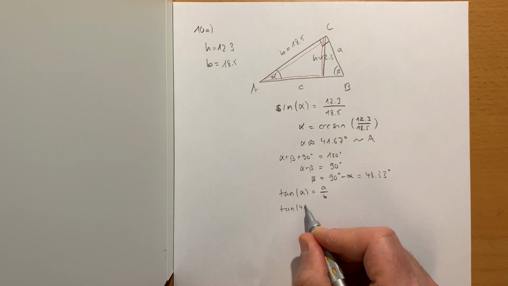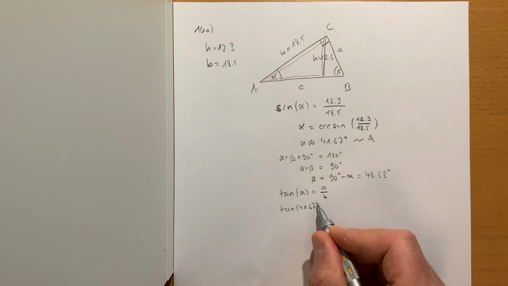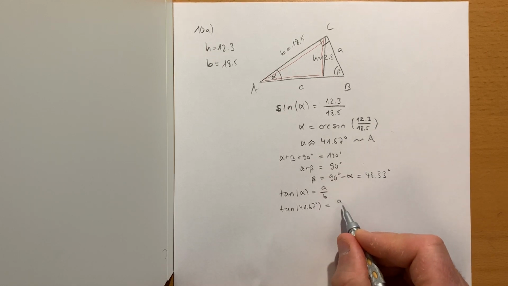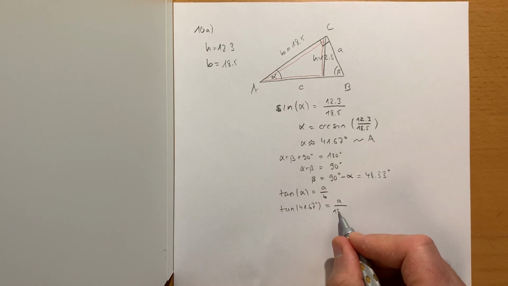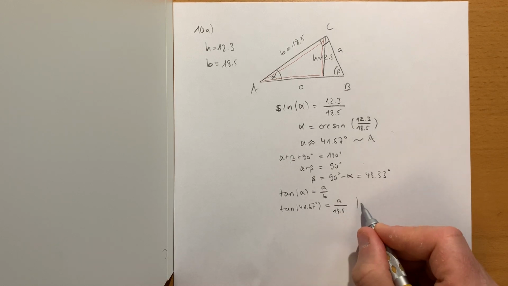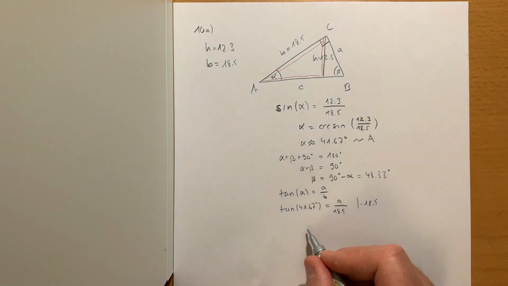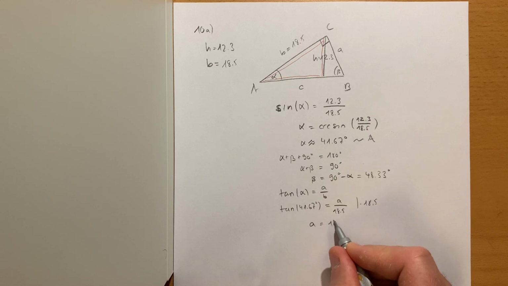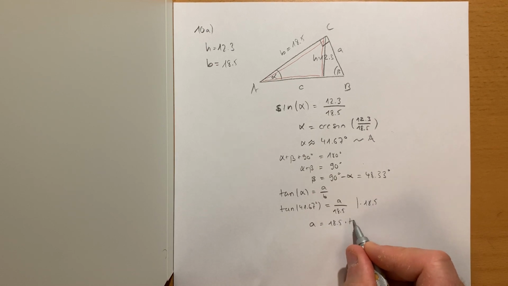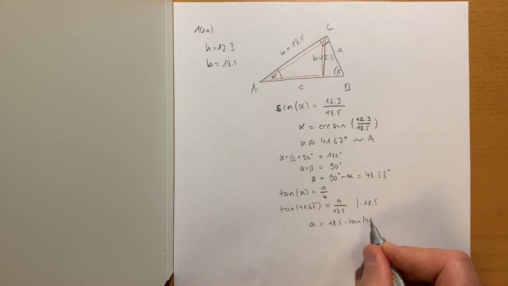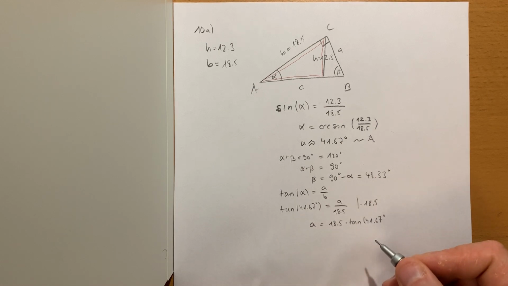Tangent 41.67 degrees. We don't know A, but we do know B, 18.5. So A is 18.5 times tangent of 41.67 degrees.